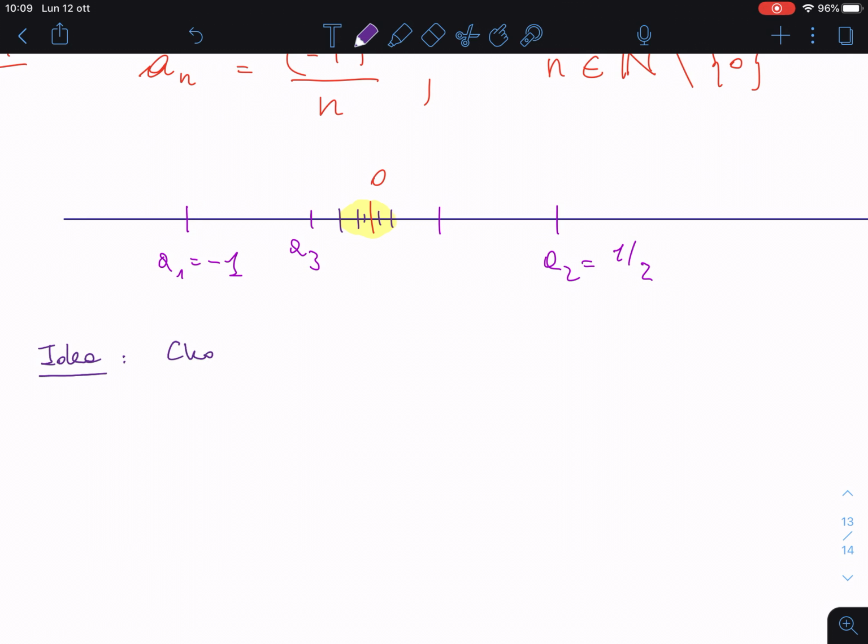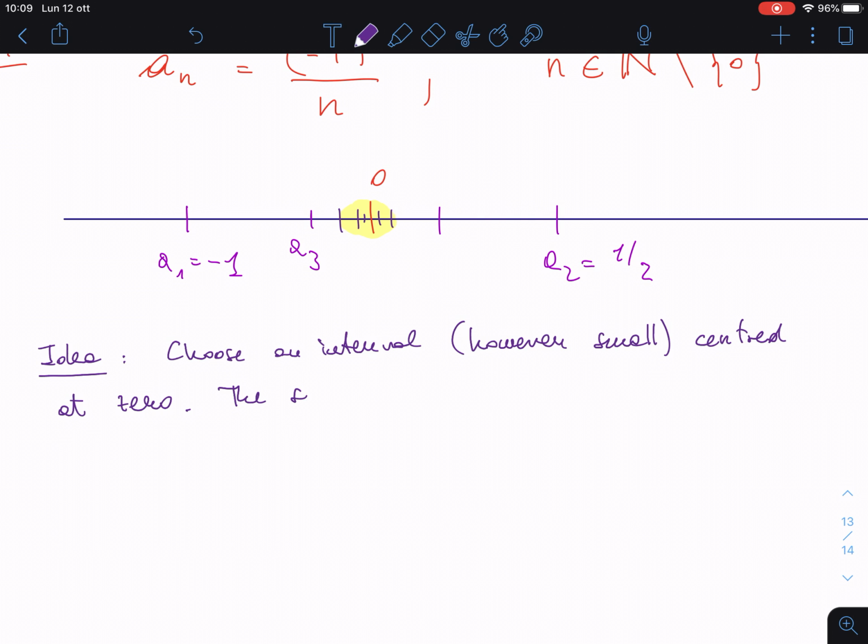Choose an interval, however small, centered at 0, and then what you see is that the sequence will lie eventually, which means from some index n on, inside such interval.